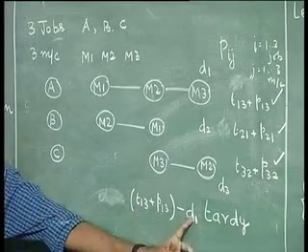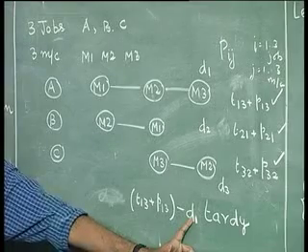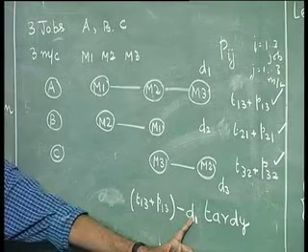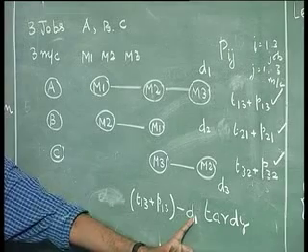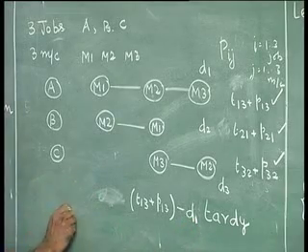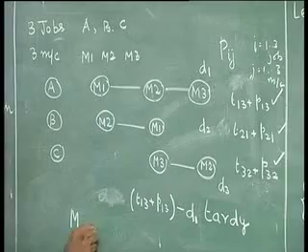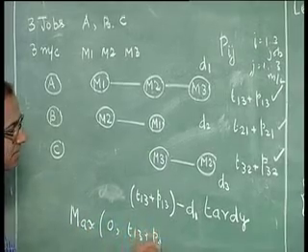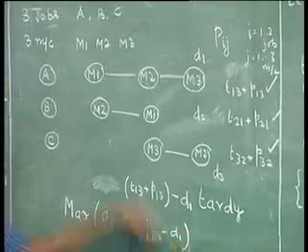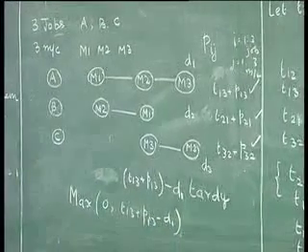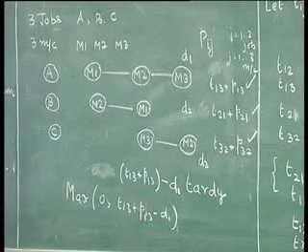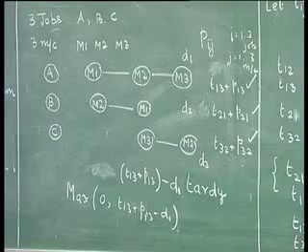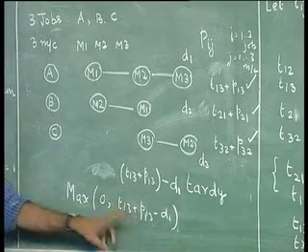If this difference is positive, then it is tardiness. If this difference is negative, then what is the tardiness? 0. So, the actual tardiness is maximum of 0 comma T13 plus P13 minus D1. If the job is early, this is negative, then your tardiness is 0.